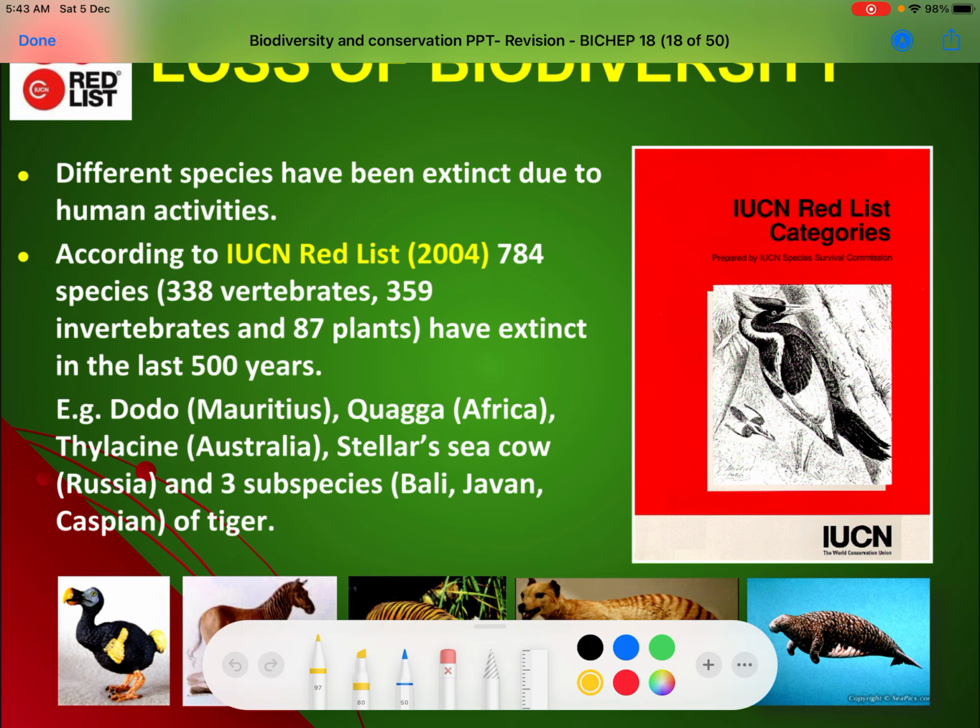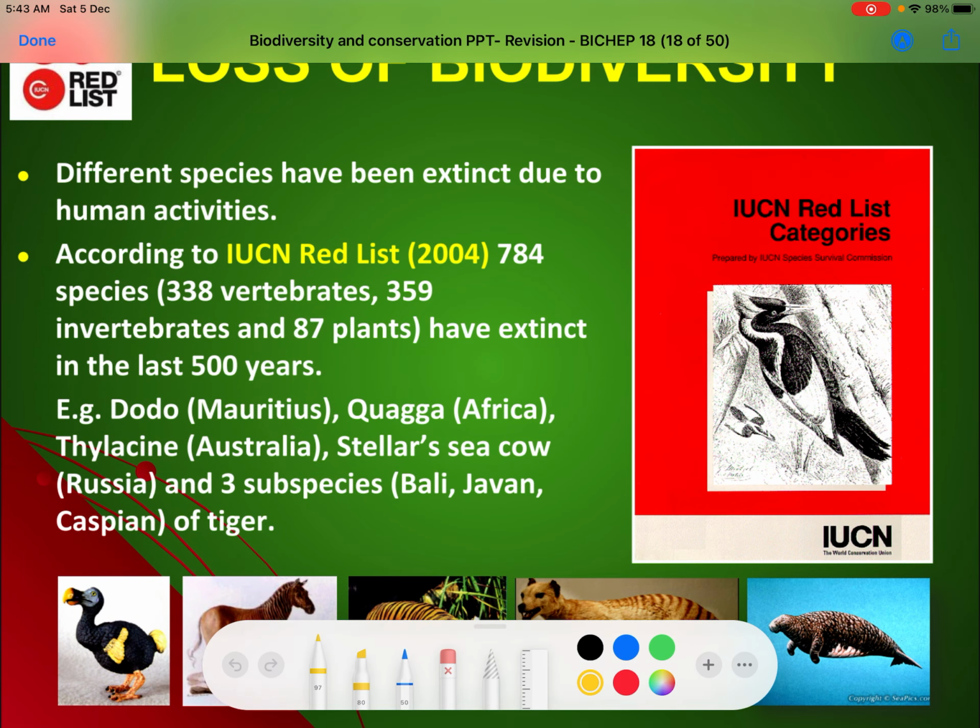Now, the International Union for Conservation of Nature, IUCN, has produced the book called the Red Data Book or Red List Categories, right?